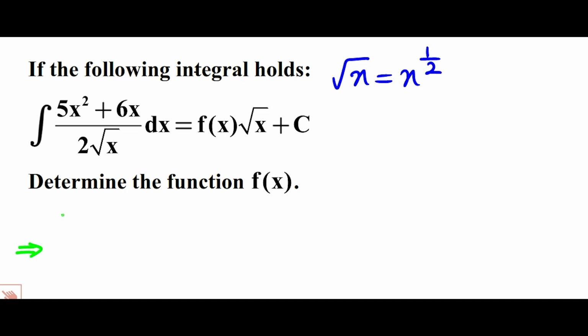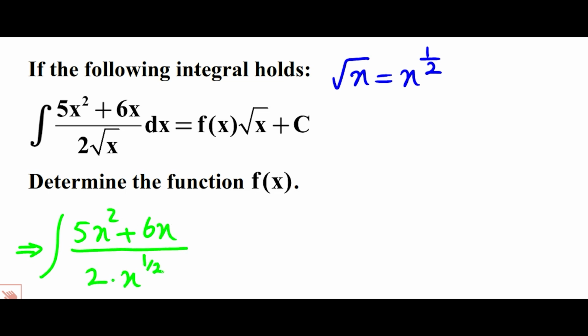So we have the integral of (5x squared plus 6x) over 2 times x to the power of 1/2 dx. Now apply the laws of exponents, meaning x to the power of a over x to the power of b equals x to the power of a minus b.